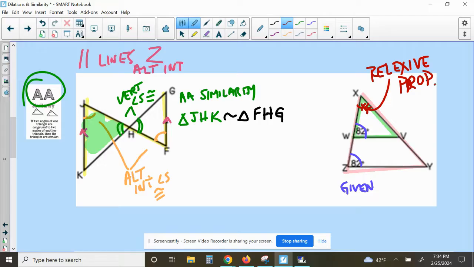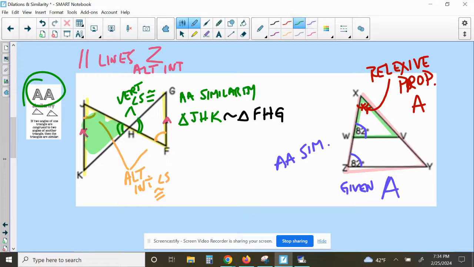So we actually have another A right here. And remember, we are given an A right here. So once again, we do have an AA similarity for this guy. These two triangles are similar by angle similarity.